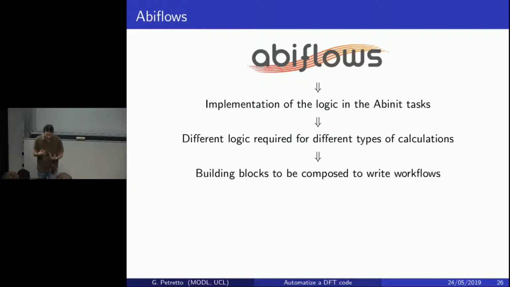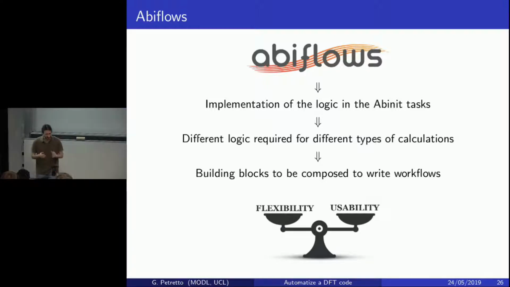But again, this came at a price, because you have several kinds of calculations. You want to invest some time, make it as flexible as possible to make different kinds of workflows. But on the other hand, otherwise it becomes too complicated, and then you are basically writing a new workflow and all new tasks every time. So it's something that should be taken into account.